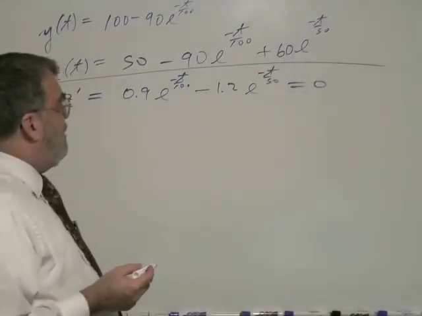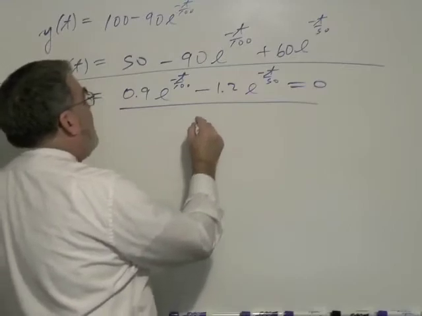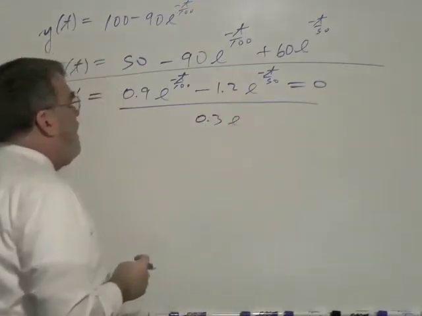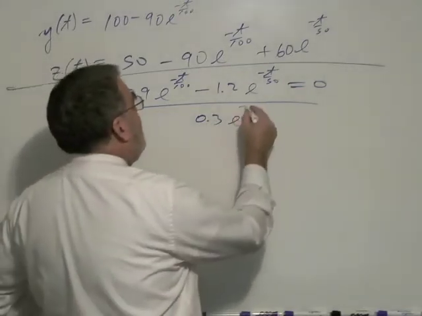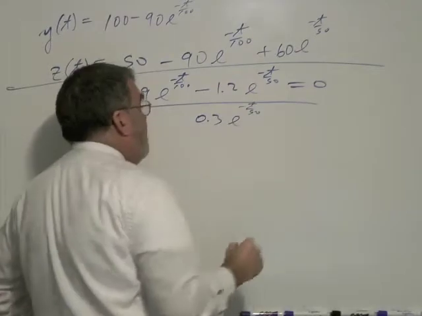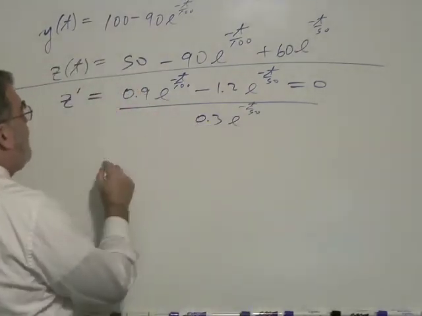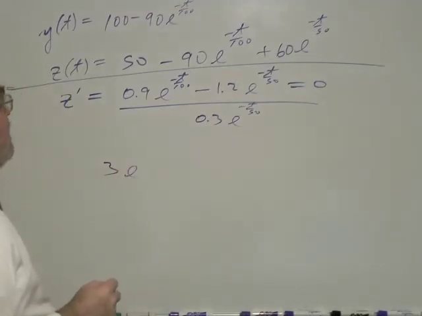So I'm going to take this equation and divide by 0.3 e to the minus t over 50. Alright, let's see what happens here. 0.9 divided by 0.3 is 3. And this is going to be e to the what?